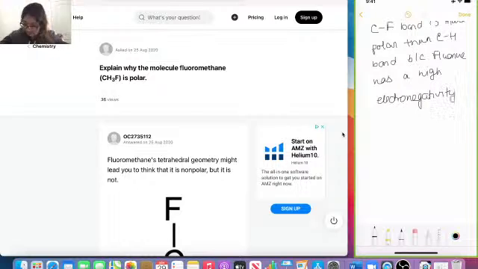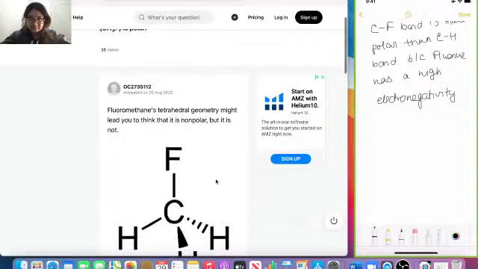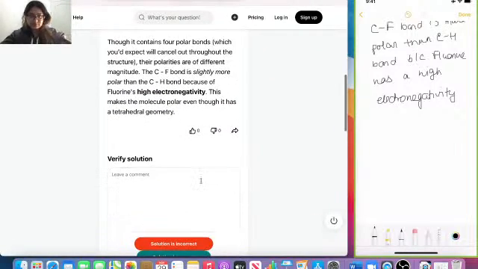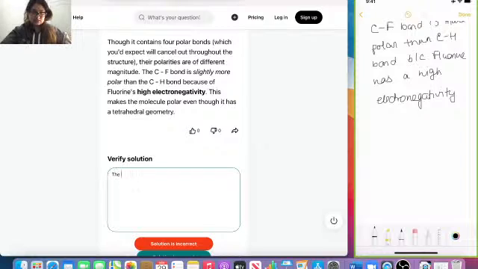Okay, and so this is why this molecule is polar, even though it has a tetrahedral geometry. Okay, and so the solution is correct.